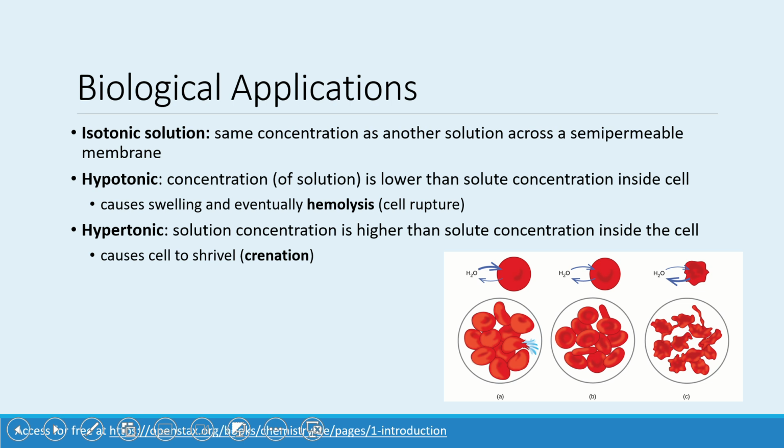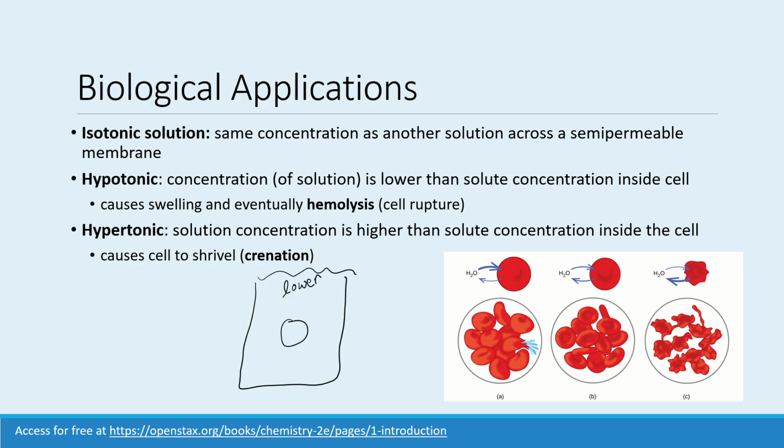A hypotonic solution is going to be a solution that is lower in concentration than what is inside the cell. So remember that you're always going to flow, the solvent is going to flow to whichever place has the higher concentration of solute.